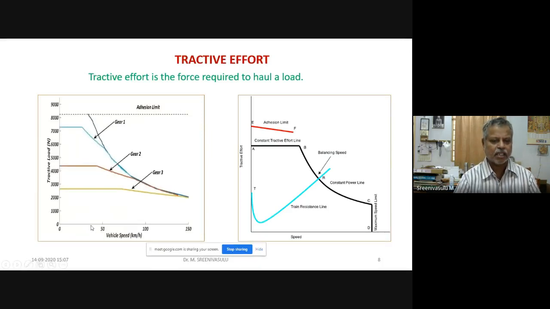This is the zone up to which gear 1 can be used. And where exactly gear 1 has to be shifted has not been stated in this graph. In between to this zone, gear 2 might be, and in this zone, gear 3 might be. Okay, so that way you are in a comfortable position with this graph.